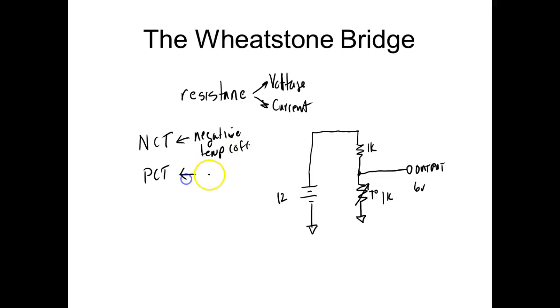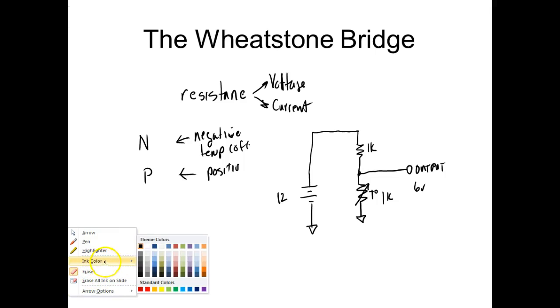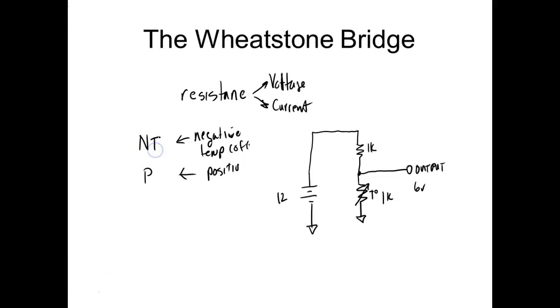So with an NTC, its resistance would go down with what it measures. A PTC, the resistance would do what? Would go up. So the ones that we have are NTCs. I'm sorry. I said it right, but then I put it wrong up here. Temperature coefficient. Yeah, so I said it right, but then I put it wrong.